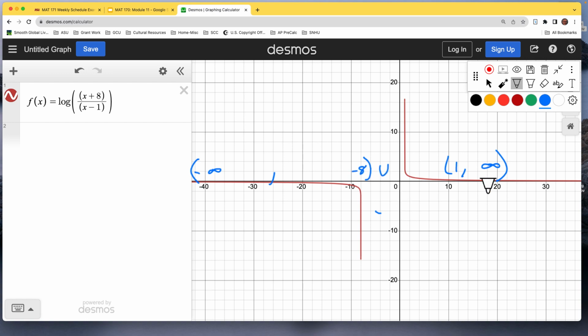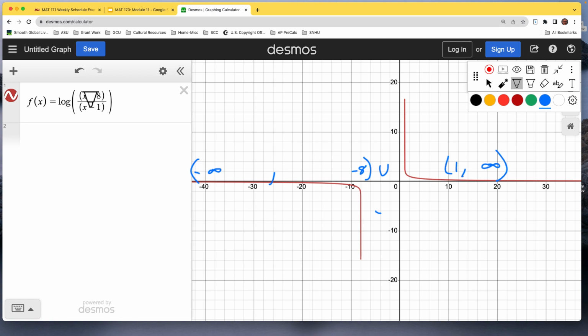Yes, sir. Why can't it be log base 10 of negative 8? Because x plus 8 over x minus 1 wouldn't divide out to be negative 8. Well, no, if you put in negative 8, negative 8 plus 8 is 0. And that's in the numerator, so then you've got the logarithm of 0, and logs can't do 0.